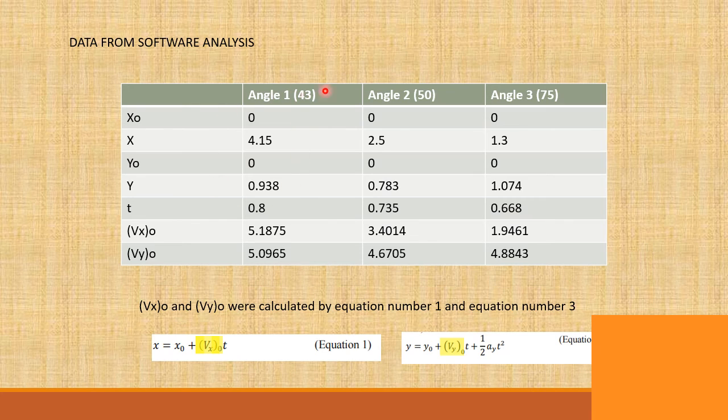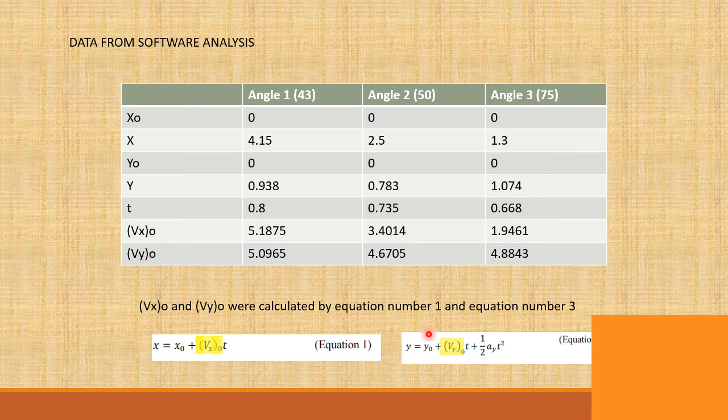Now let us look at this table. This table has values that we got from software analysis. The only values that we got through calculation are Vx naught and Vy naught. For Vx naught, we use equation 1, which is x equals x naught plus Vx naught times t.